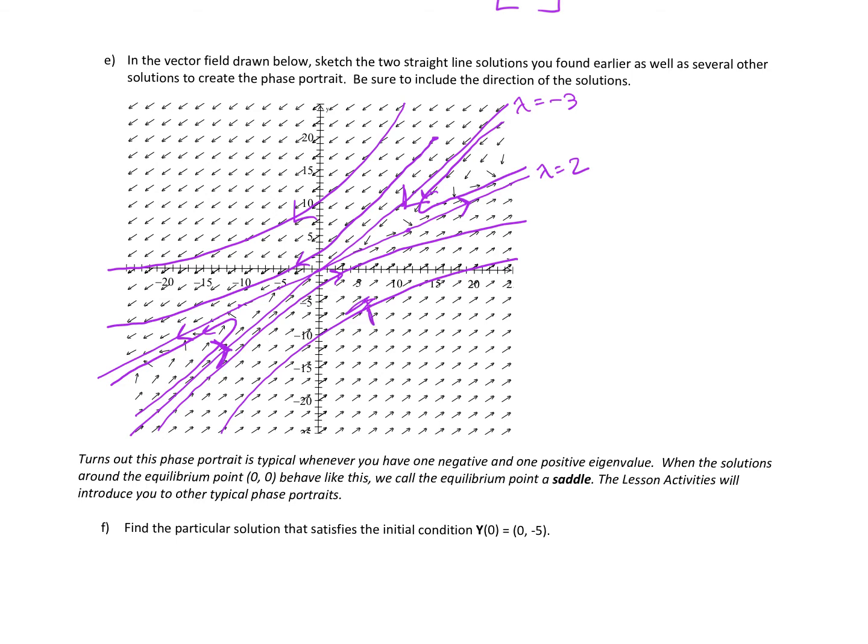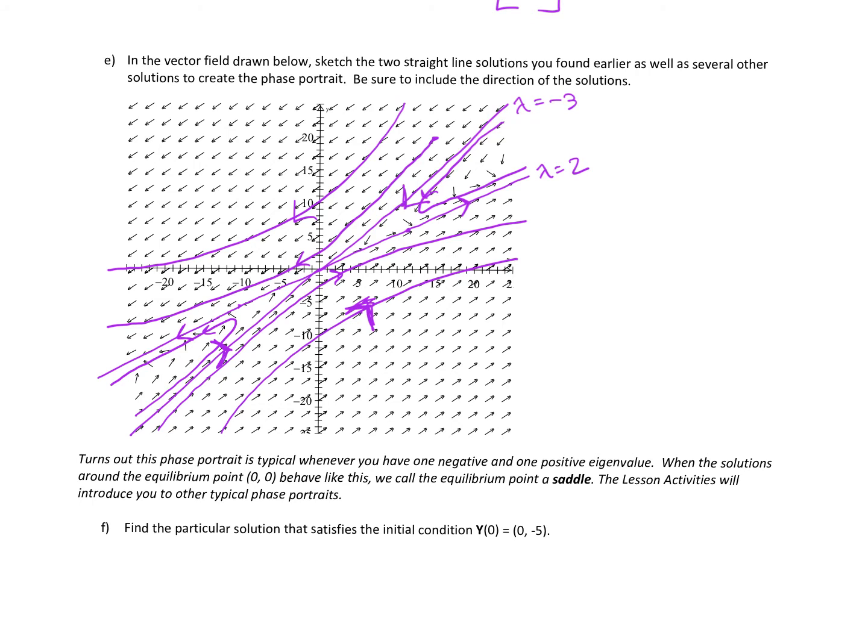Okay, that's a rough sketch, but that's the idea. So this phase portrait is typical whenever you have one negative and one positive eigenvalue. When the solutions around the equilibrium point behave like this, we call the equilibrium point a saddle.